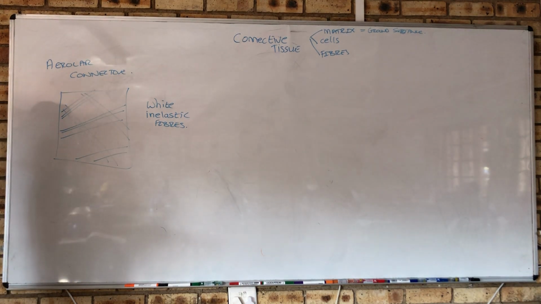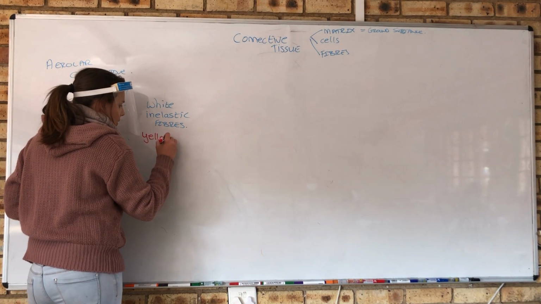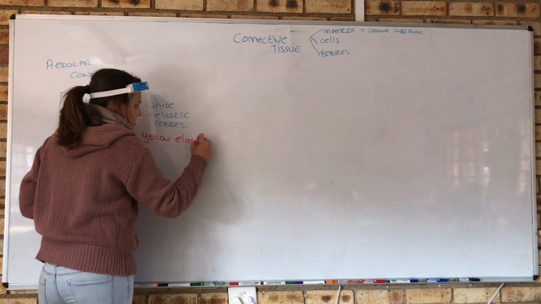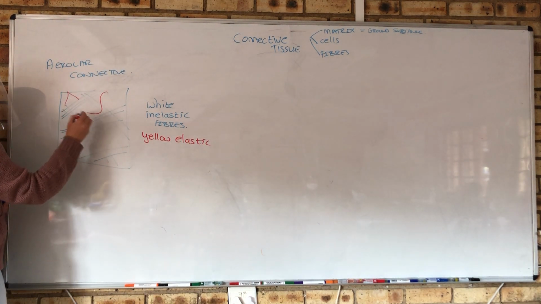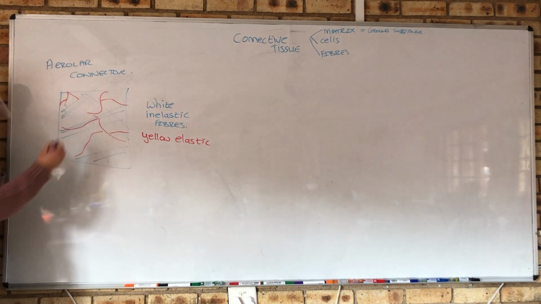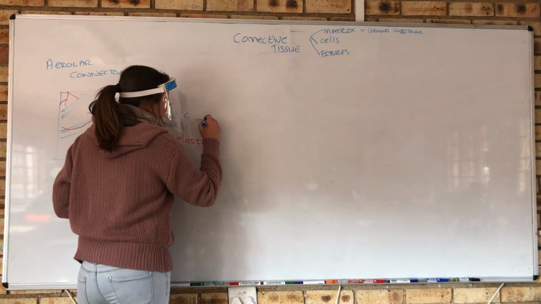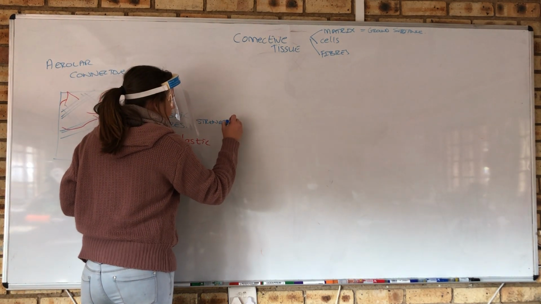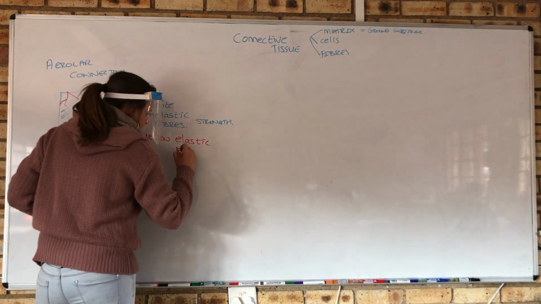Then we have elastic fibers. These are yellow elastic fibers, and yellow elastic fibers are more branched, and they give obviously a little bit of elasticity. So your white fibers are for strength, while your yellow elastic fibers give you flexibility.